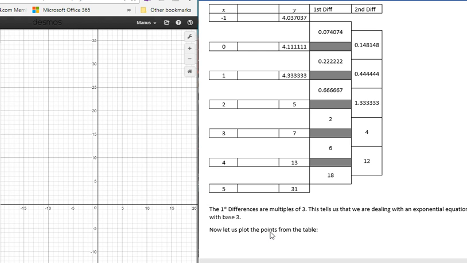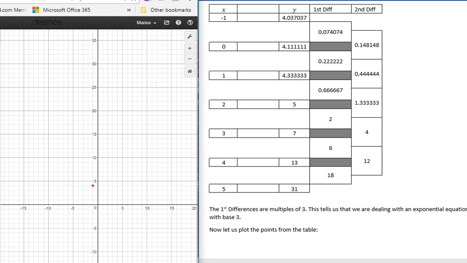Now let us plot the points from the table. We take the first point, which is -1 and 4.037, and that's the one here.